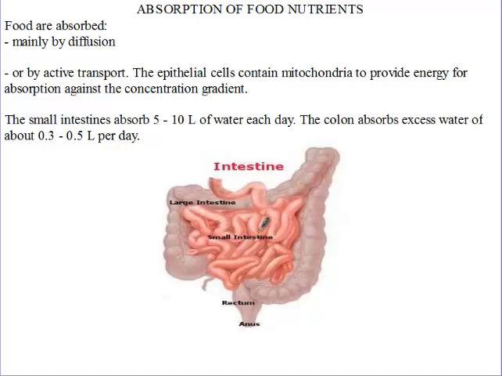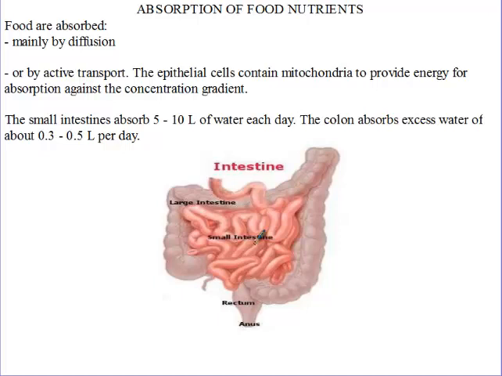Therefore, the particles will move from a high concentrated area to a low concentrated area. So, as the concentration of food molecules is high in the small intestines, the food molecules will just move across the walls of the small intestine and then into the blood vessels.